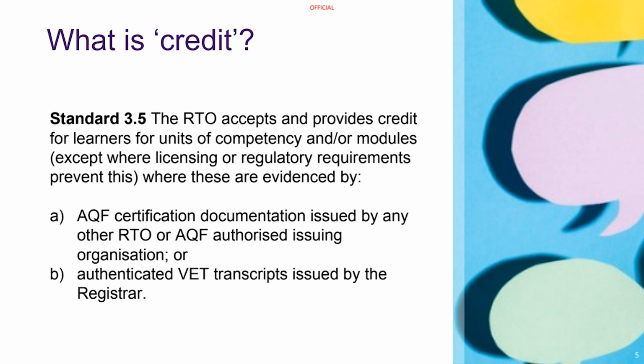This would mean that the learner does not have to repeat the unit or module and can transfer the unit or module from previous learning at the RTO or at another RTO and have it counted towards achieving the requirements of a training product.